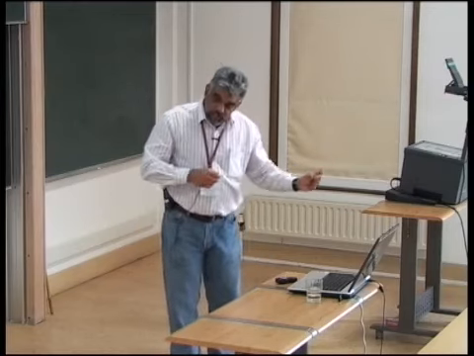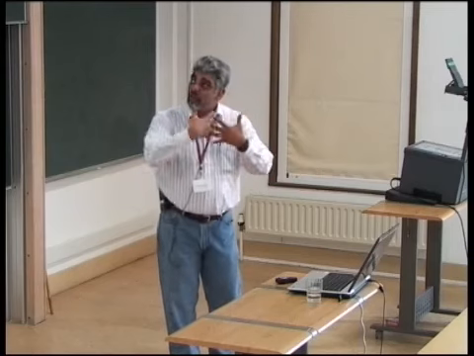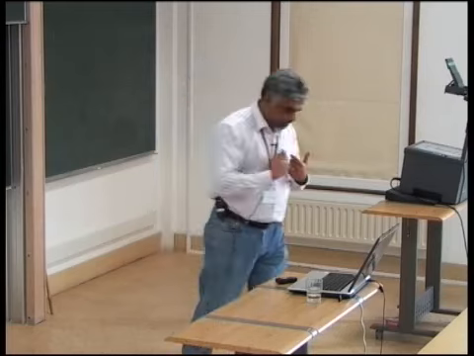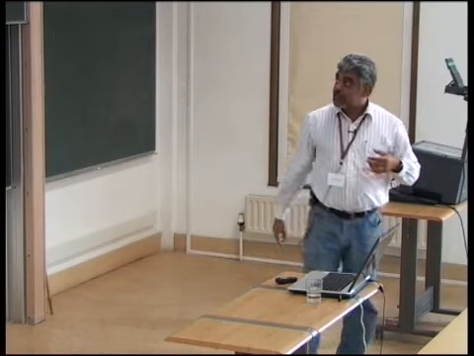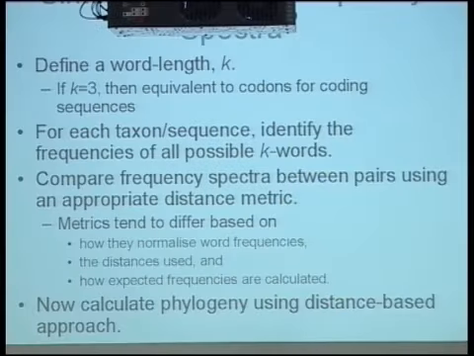You have the spectrum of 64, the frequency spectrum, and you compare it against another genome. And by building this, you can use a distance metric. You can normalize according to word frequencies. You can change the type of distance you use. The earliest ones used Euclidean distances. You can change the way you calculate expected frequencies to normalize. Once you've got your distances, you build your phylogeny using neighbor joining, which seems to be the tool of choice for distance-based methods.